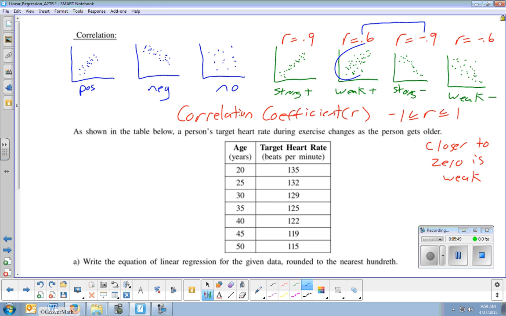And people will tend to favor the positive one because they think positive is stronger than negative. Not the case when it comes to statistics and correlation. It's just how tight are the scatter plots? How closely related are your two things here? So a negative can be stronger than a positive. That's really the important thing that I want to get through there.